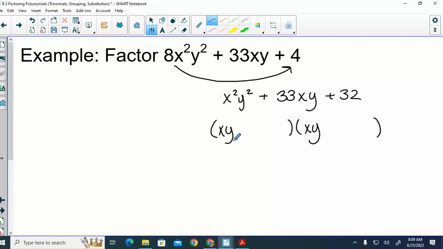What multiplies to 32 and adds to 33? 32. This 32 didn't have any variables, so we don't have to worry about anything there.